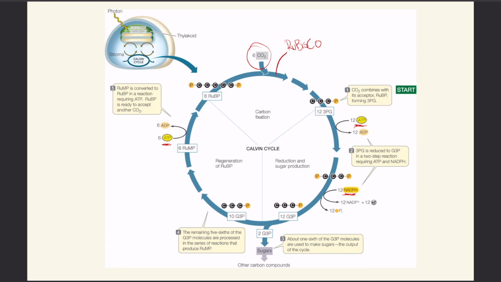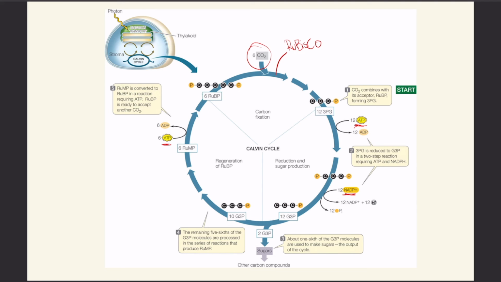So G3P is used to create different types of sugars. As you can see, it branches off here. So some of the G3P breaks off to create sugars such as fructose, sucrose, etc. But most of them actually are recycled back to the beginning of the Calvin cycle, and it starts over. That's why it's a cycle.